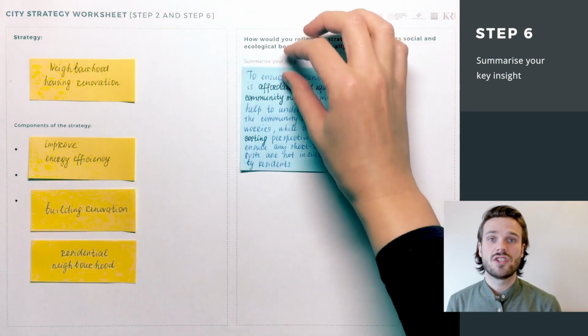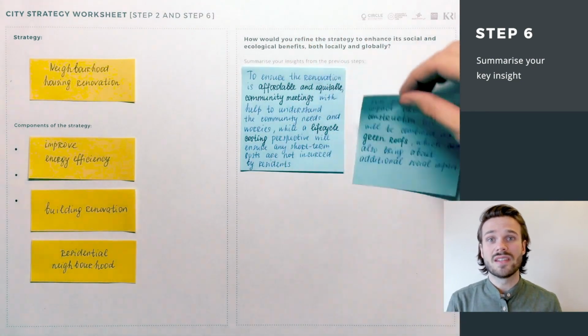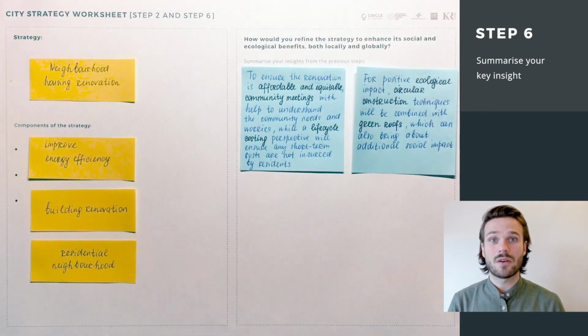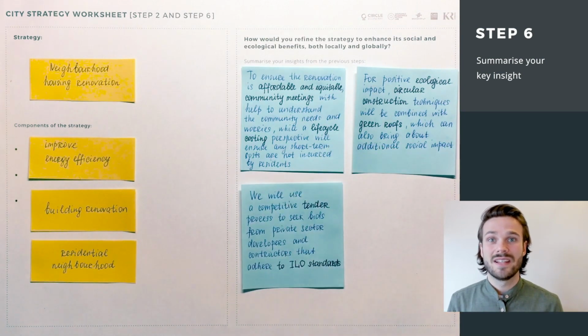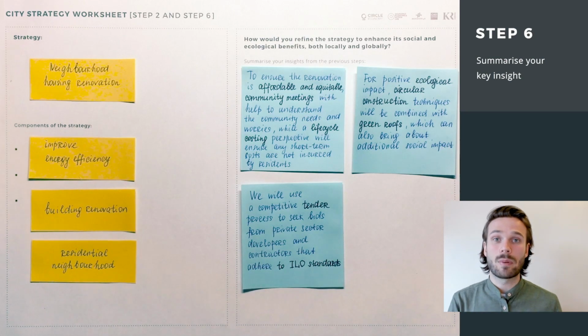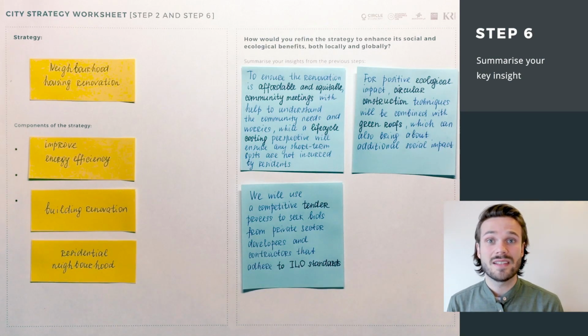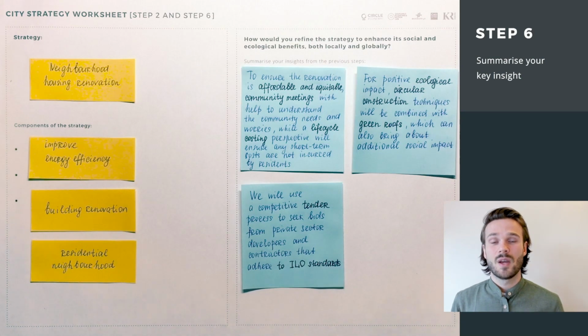So viewing the strategy as a whole, we can see that using the city portrait canvas has allowed us to take a holistic perspective to designing city strategies, programs and initiatives to benefit the well-being of people and the planet, both within the city as well as globally. We're really excited to see how you use this tool to support the creation of your city's thriving future.